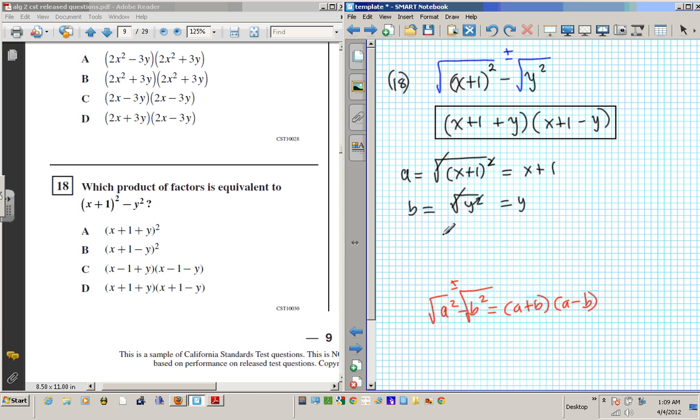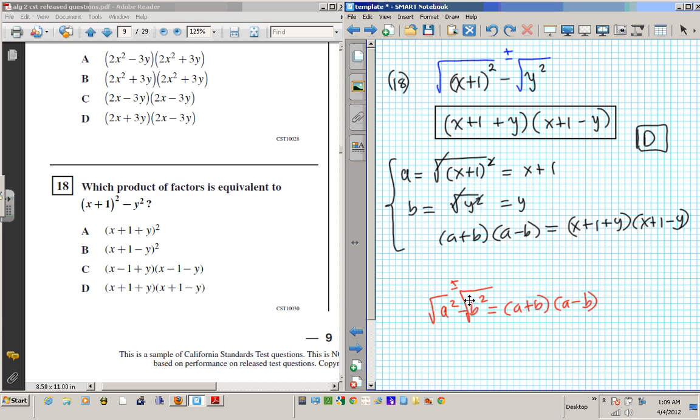And then you just do a plus b times a minus b, which simply is x plus 1 plus y, that's a plus b, times x plus 1 minus y, which is a minus b. So this is a longer way of doing it. If this method is too abstract for you, then you can do it this way. Just find a and b by rooting the first and the second terms squares, and then you add and subtract them, and that would be the answer, okay? So you can clearly see the answer here is D.